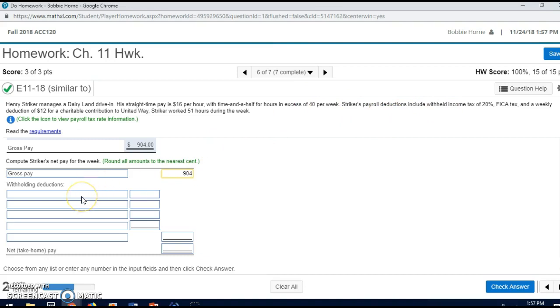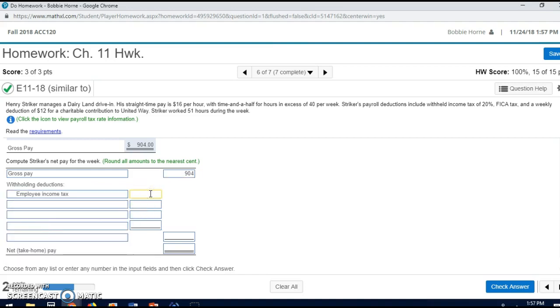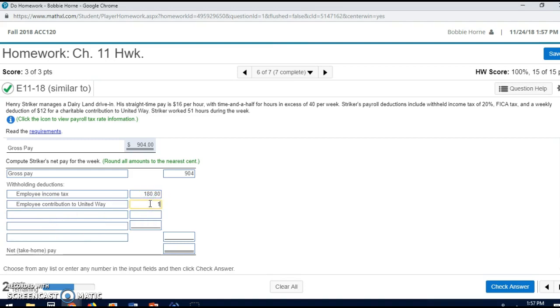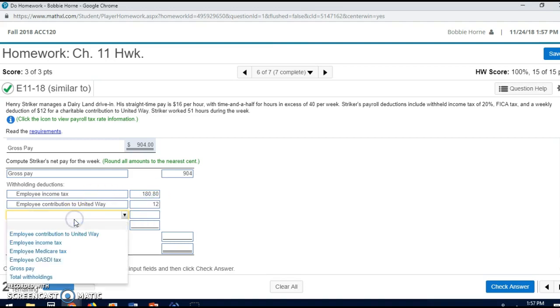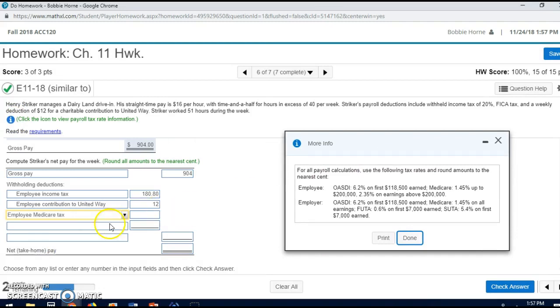Income tax of 20%, so 20% would be, we're going to round to the nearest cent, so $180.80, and then we have a weekly deduction of $12. So, and then we can pull this up here to do, let's go in order.